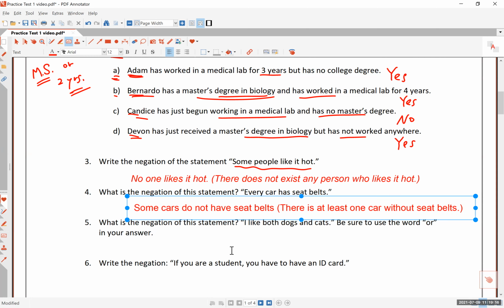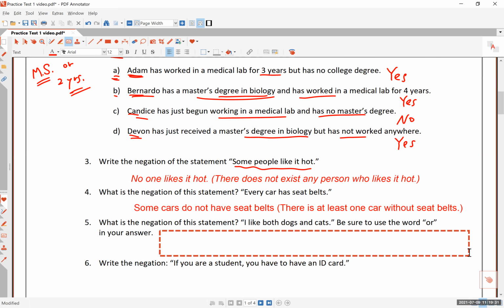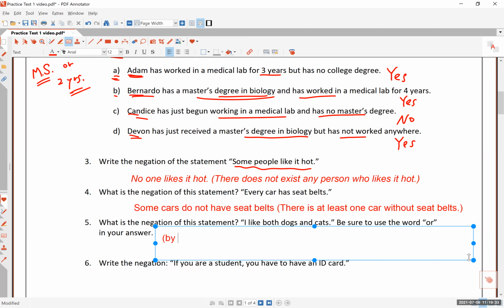Okay. All right, number 5. What is the negation of this statement? I like both dogs and cats. Now, this is both A and B, right? So this is a conjunction statement. And so the negation would be a disjunctive statement by what? Okay, do you remember? So this is by De Morgan's laws.